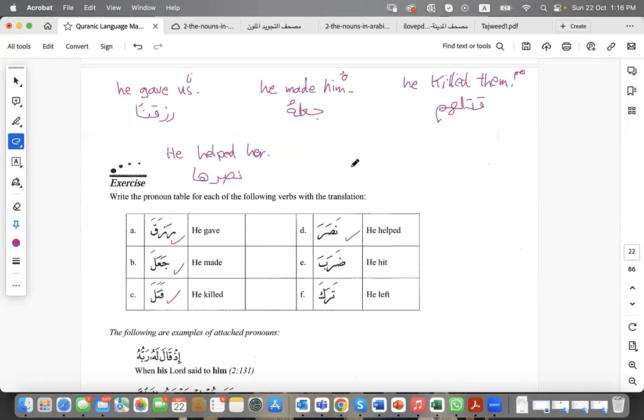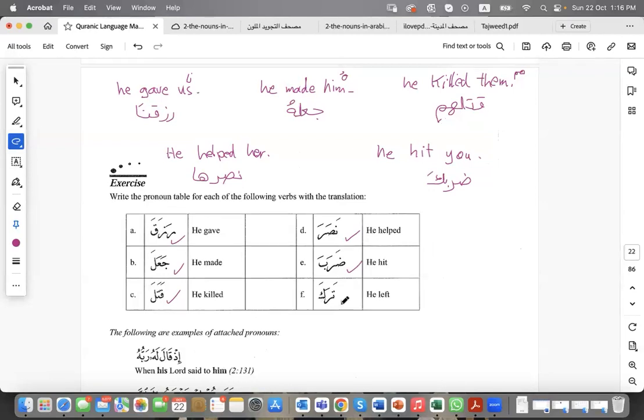Okay, ضرب. If I say ضرب, it means he hit you, and here we are addressing singular masculine, so ضربك, the kaf with a fatha.